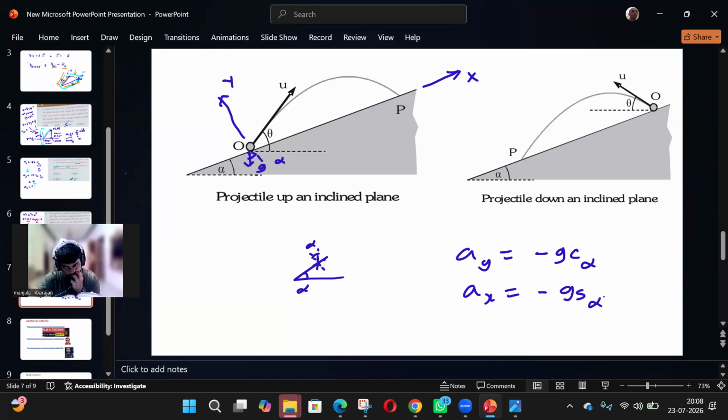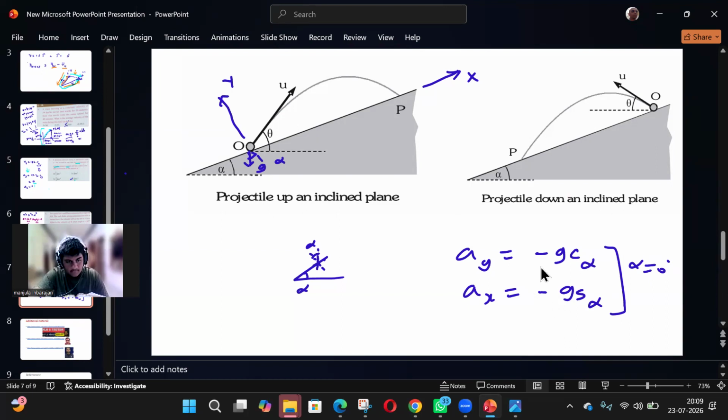Okay, and this you can check for alpha equal to 0 degrees, because that is a normal thing, right? If you put alpha equal to 0, sin 0 is 0, so along the x-axis no acceleration, along the y-axis it is minus g. Special case, alpha equal to 0 degrees, that will be the previous one, the ground to ground projection.